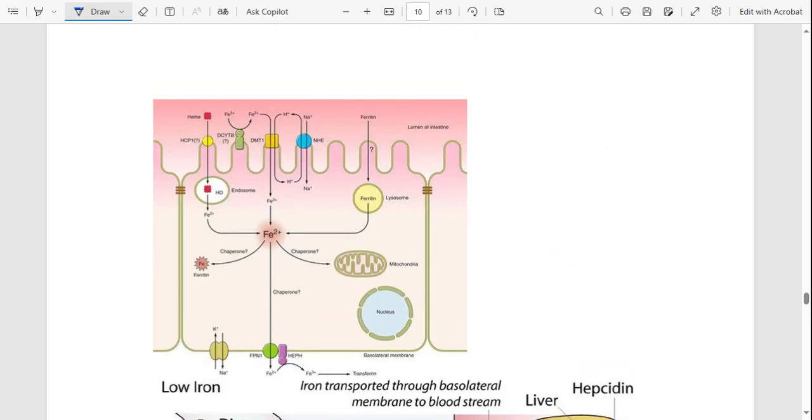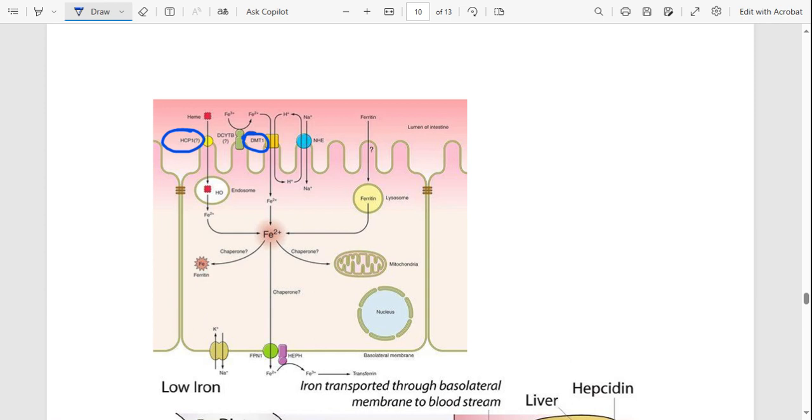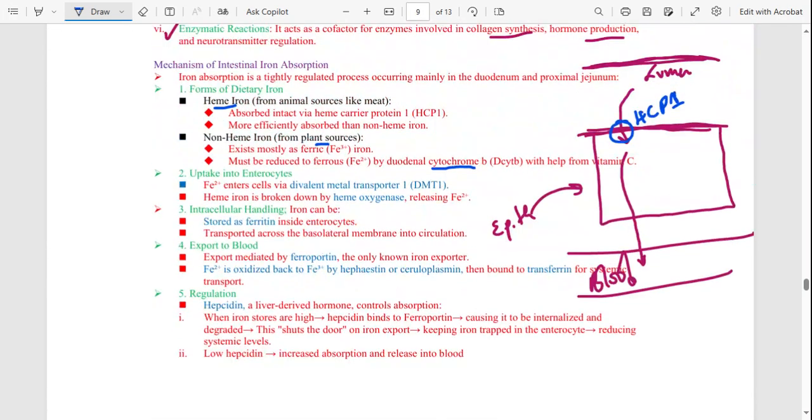But of course, we also mentioned this other one here. You can see there's another transporter there. So you have got the divalent metal transporter there, and then you also have the HCP1. Both of them are there. They both allow the iron to enter into the cell. So here I showed the HCP1, the heme carrier protein 1.